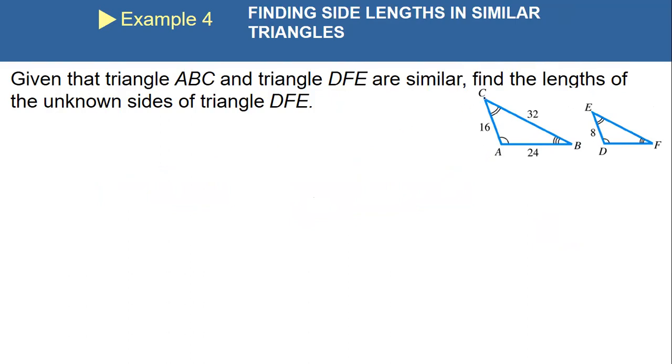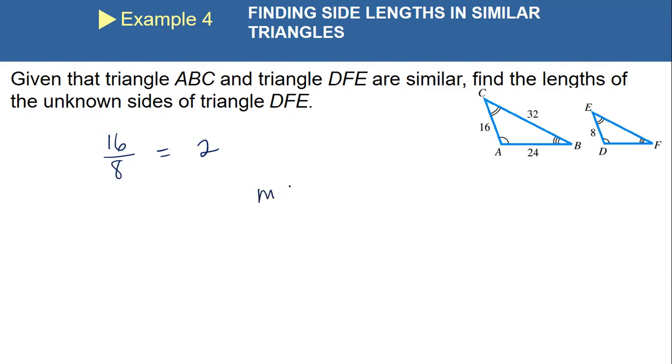I know that side CA is similar to side ED. Agreed? So they have a ratio of 16/8. What is that ratio? 2. So my ratio is 2. So I'm dividing each side by 2. It's a factor of 2. So can I find the other sides?